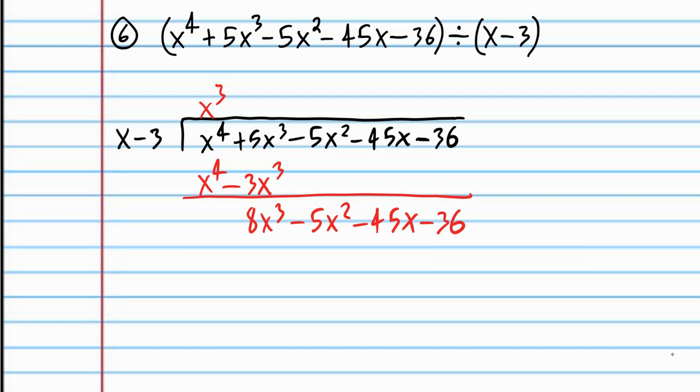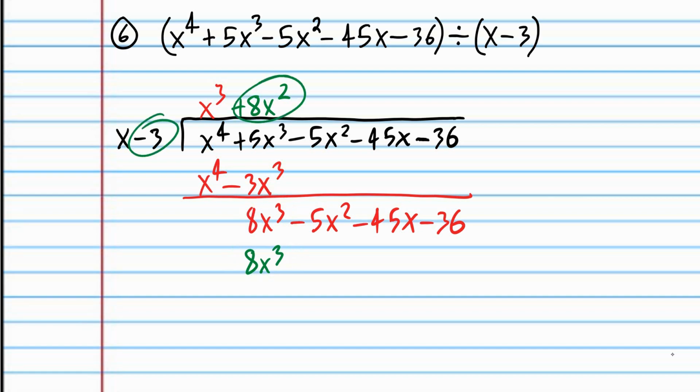We do the same thing. We ask if x times what is equal to 8x cubed. X times 8x squared. And now, step 2, we're going to multiply these two, the divisor and that number we just wrote, so we get 8x cubed, which is what we should get because these are the same. If these are not the same, then you know you did something wrong.